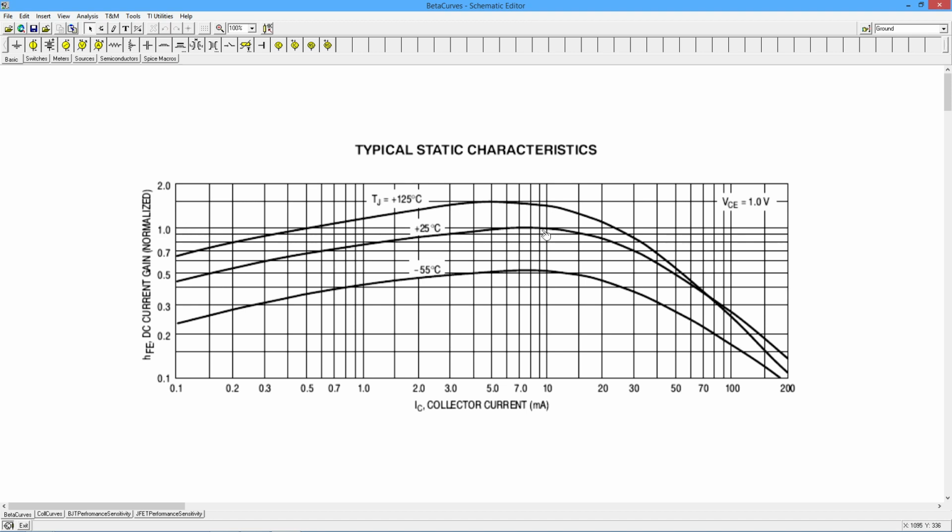So whatever we get for a particular transistor, we can use that as a starting point. If we go to a lower current or a higher current, we see that the beta falls off. If we go to a higher temperature at the same value of current, we get a higher beta. We go to a lower temperature, we get a lower beta. And we still see that variation with current.